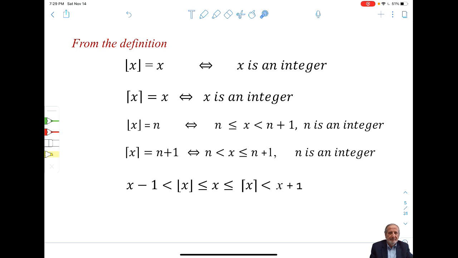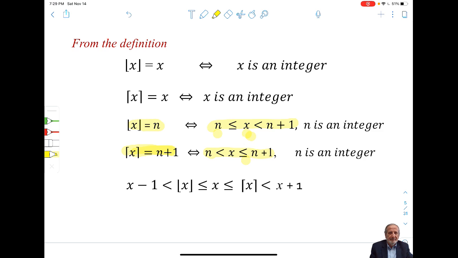And if x is greater than or equal to n and less than n plus 1, where n is an integer, then the floor function of x is n. And if x is greater than n and less than or equal to n plus 1, then the ceiling function of x is n plus 1.